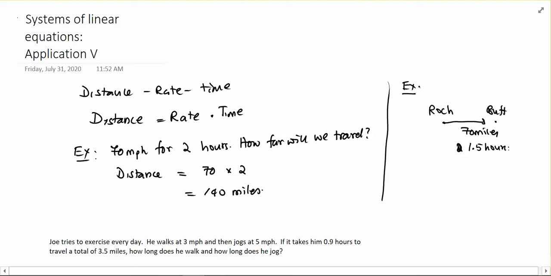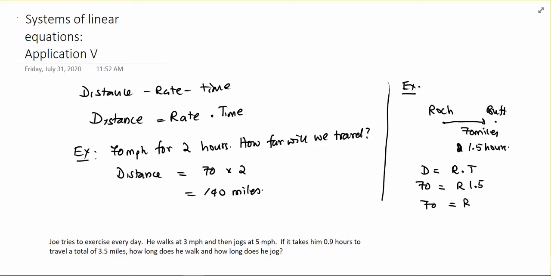What is your average speed? Again, distance is equal to rate times time. This time we know the distance, which is 70. We don't know the rate, but we know the time, 1.5. So we can find the rate by dividing 70 by 1.5. So distance equals rate times time, a very useful little formula to remember.